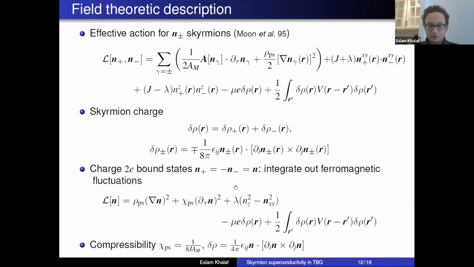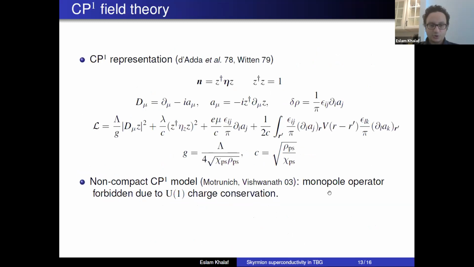A more instructive way to consider this theory is to go to the CP1 representation. In the CP1 representation, we replace this unit vector that lives on S2 with a single complex vector z that lives in CP1. And this complex vector also satisfies a constraint that its norm is equal to 1.